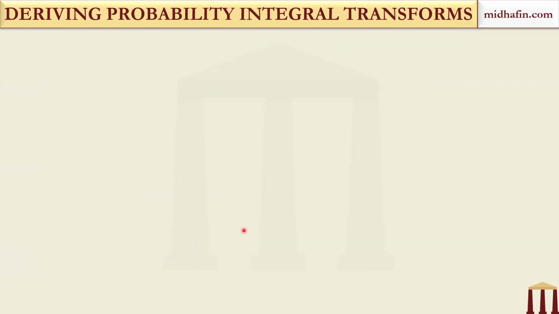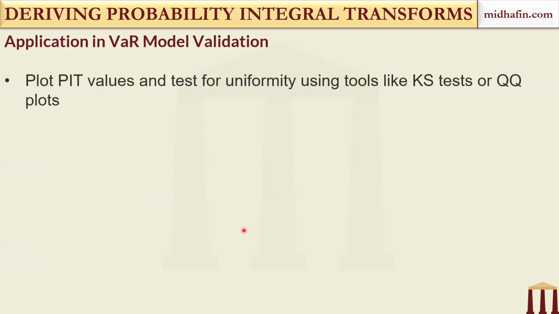Now let us go for some kind of an example. So the application of this in VAR model validation: by plotting the empirical distribution of PIT values and testing for uniformity, like using the Kolmogorov-Smirnov test, or even QQ plots. We have seen QQ plots also. QQ plots analyze the empirical distribution against the theoretical distribution, if you remember.